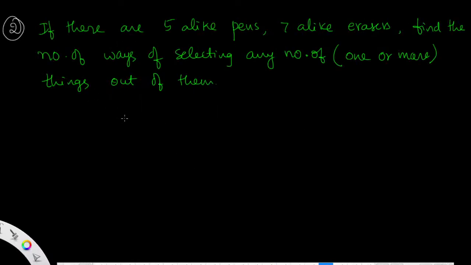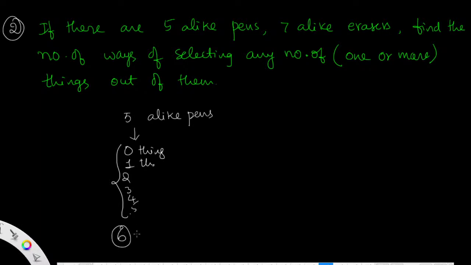So here, 5 alike pens can be selected as either 0 things, or 1 thing, or 2 things, or 3 things, 4 things, 5 things. Totally we can get 6 ways.